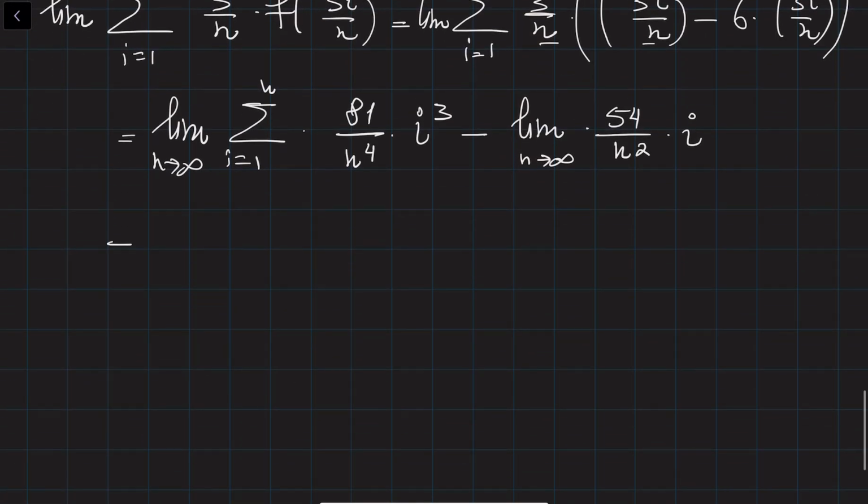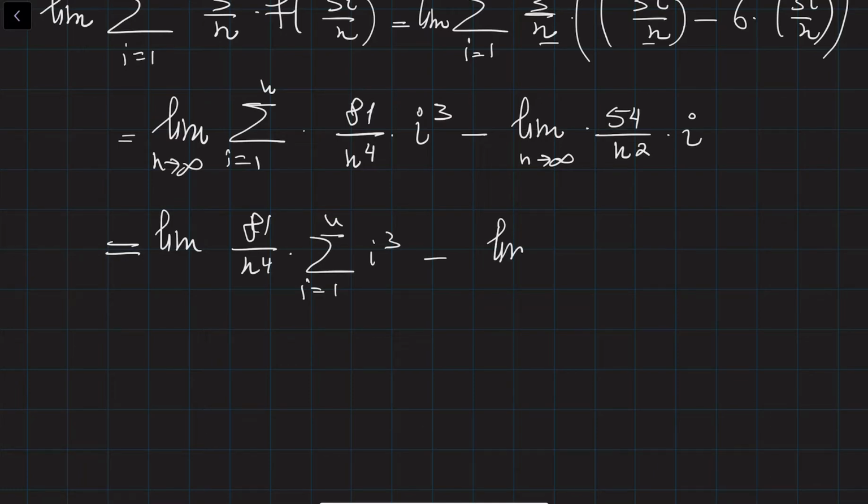And here what we can do is write this down as the limit of 81 times 1 over n to the power of 4 times the summation of i cube, i goes from 1 to n, and minus the limit of n goes to infinity of 54 times 1 over n squared times the summation of i, i goes from 1 to n.